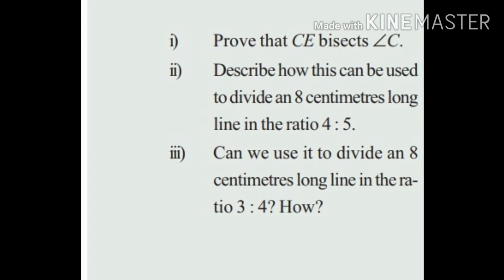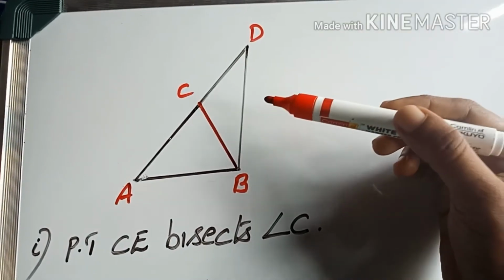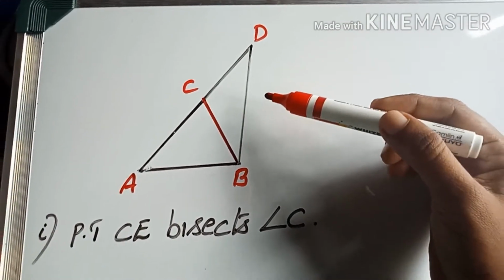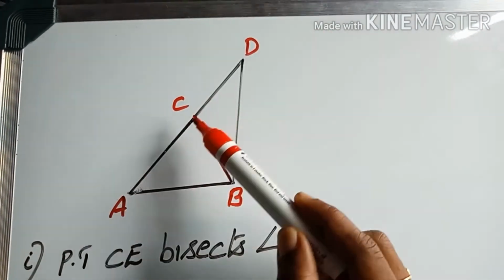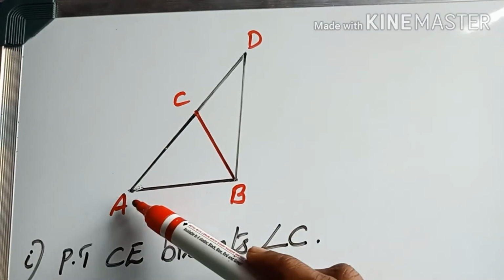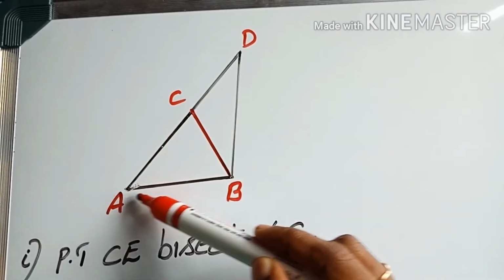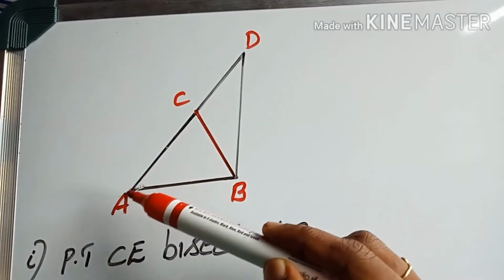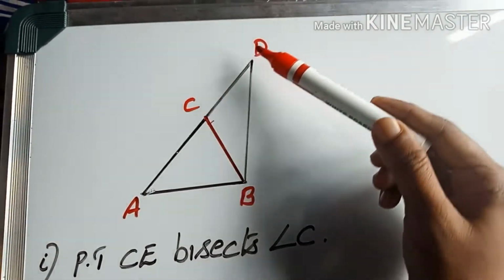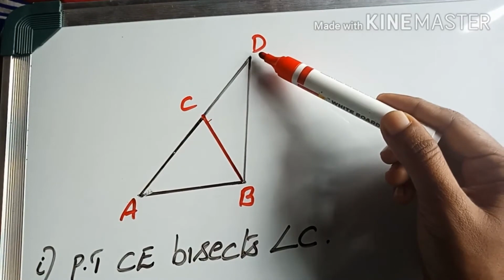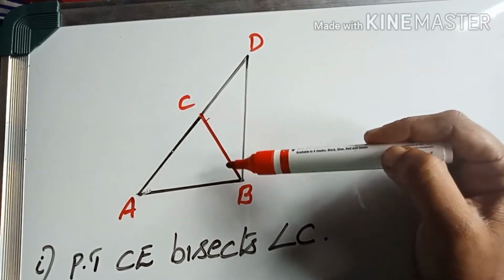Let's draw the rough figure first. This is the first figure given in the question. Here it is given that the side AC of triangle ABC, that means only this portion we are considering, is extended to D by adding the length of CB.